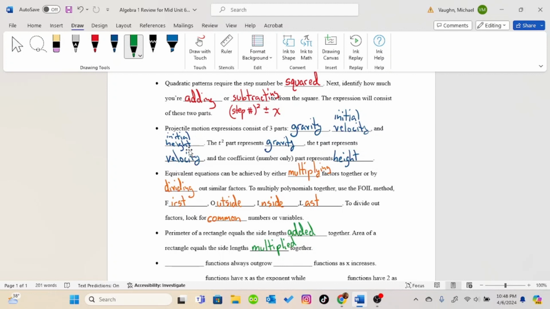You need to understand how to write the equation in terms of finding the length or finding the width, or how to write the equation for the area. So you need to make sure you understand how all of these terms relate to each other and what their expressions or equations would look like.